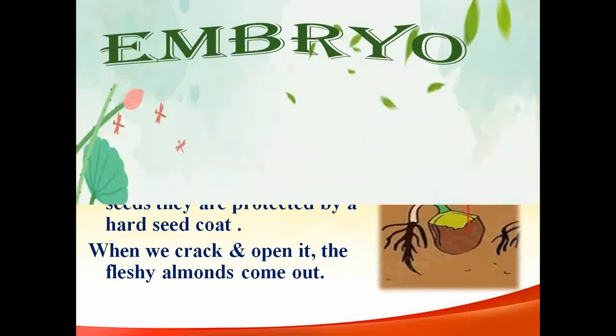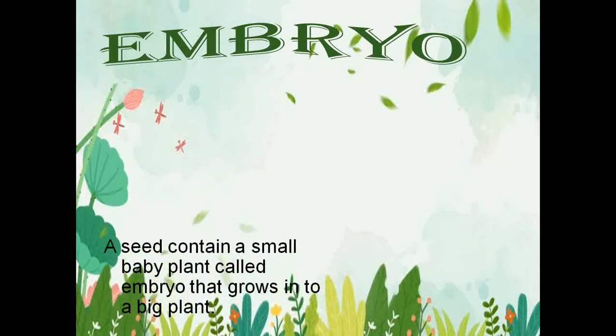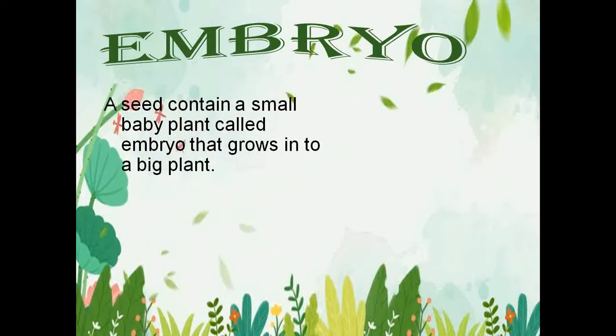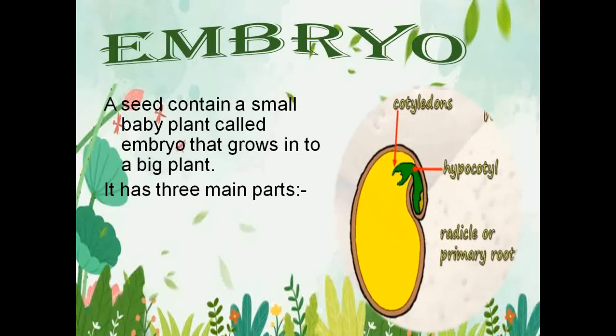Now coming to the second part, that is embryo. A seed contains a small baby plant called embryo that grows into a big plant. It has three main parts, children: cotyledon, hypocotyl and radicle.